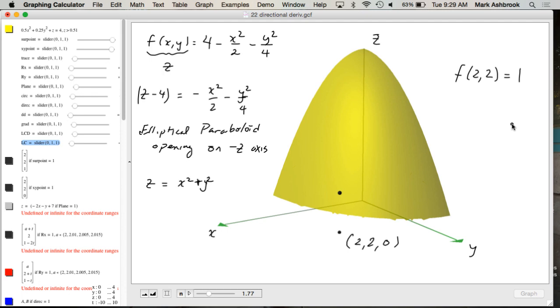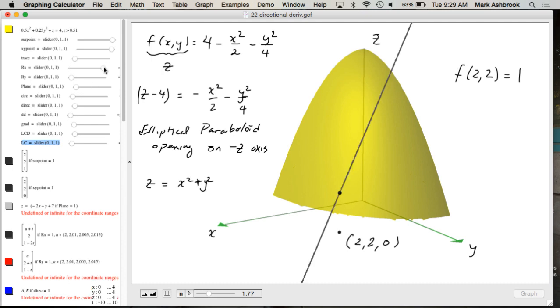Okay, so I'm going to show you a line. And that line is tangent to the surface at the point 2, 2, 1.